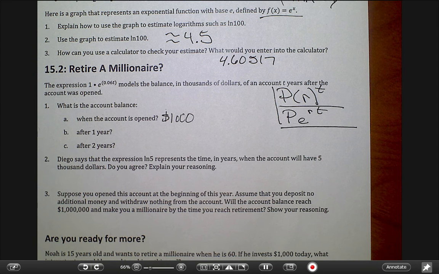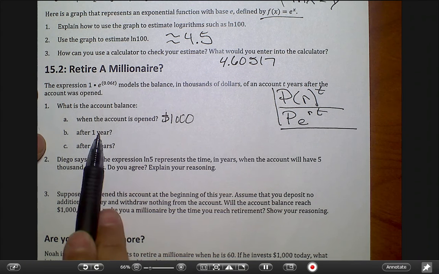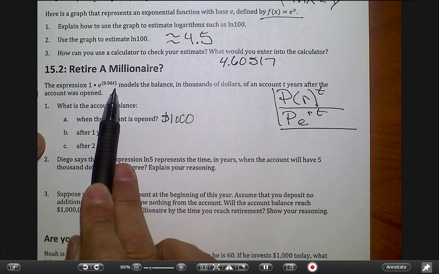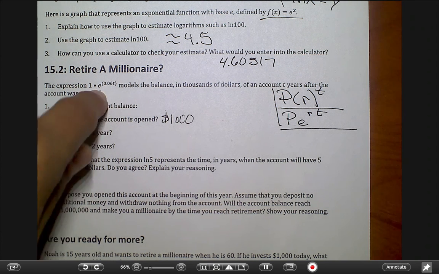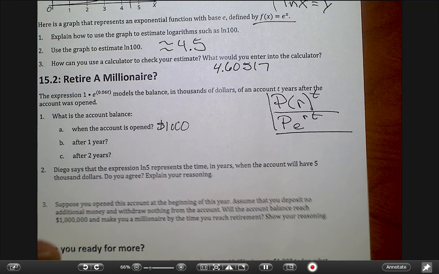That's all right. Now, after 1 year, I'm going to plug that into my function. That means that my t value here is going to be 1. So I would like you to please put the equation in your calculator, and what am I evaluating for? 1, right?